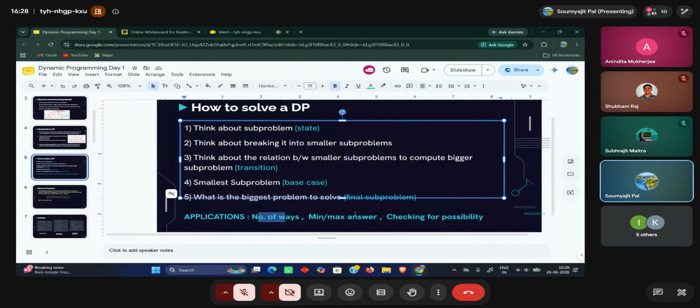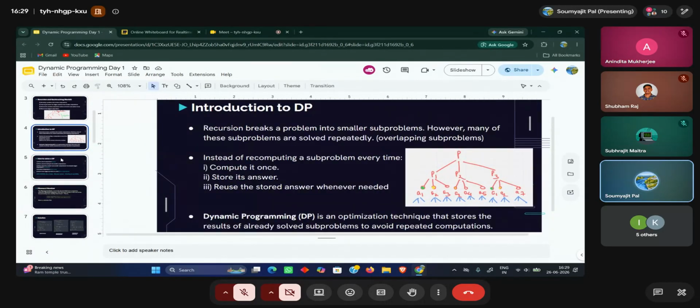In those cases, we can use DP. Also for the number of ways to construct arrays, we can think of a particular state and, using that state, compute our answer. Also, whether a path exists or not, we can easily find out using this dynamic programming concept.